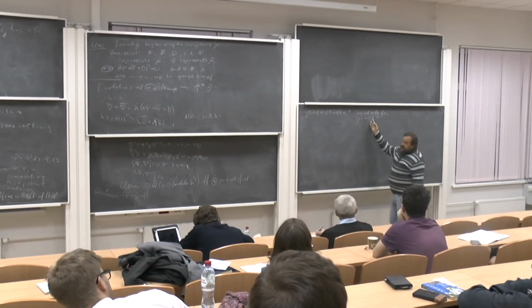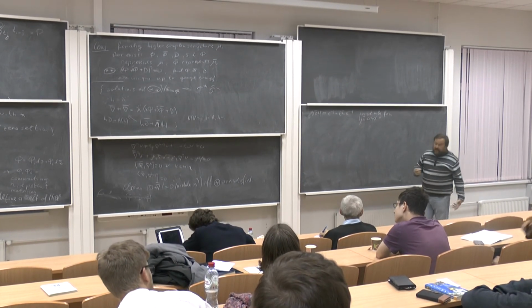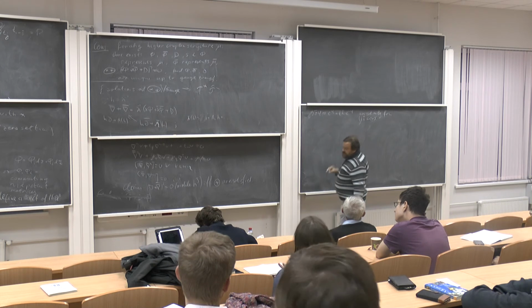So there is some natural restriction above which solutions cannot exist. And they definitely exist in the vicinity of the zero section of t.